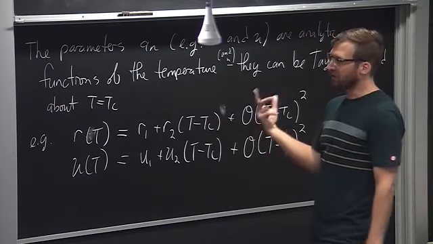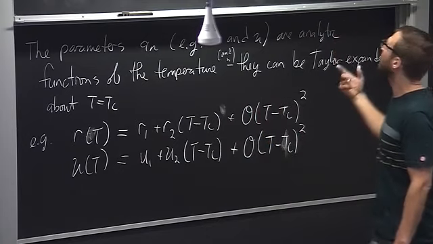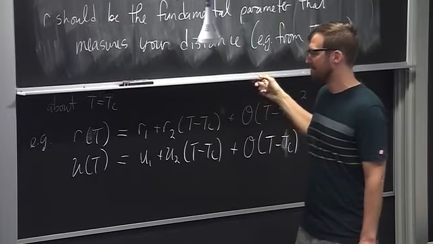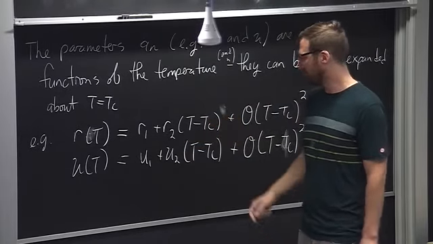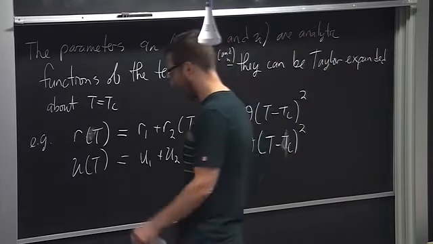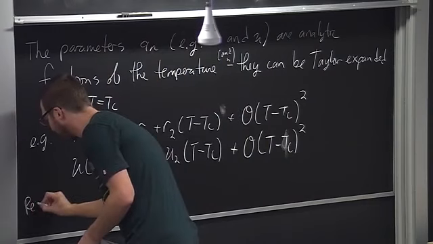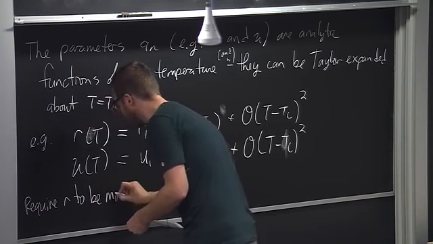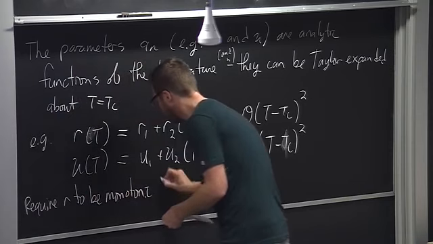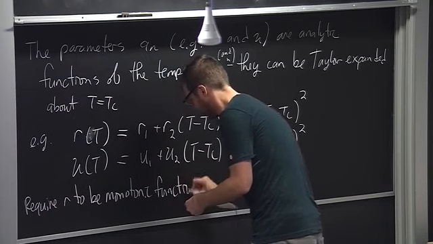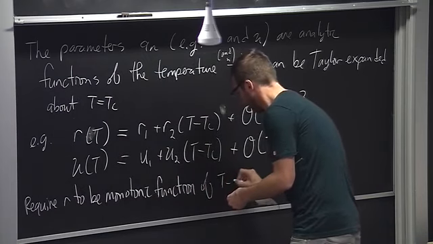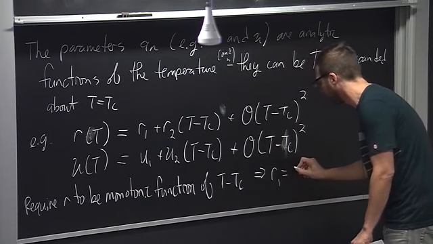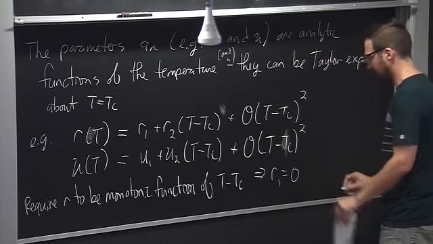We need R to be a monotonic function that flips sign when we go through the transition. So it means that this R1 has to be 0. R1 equals 0.